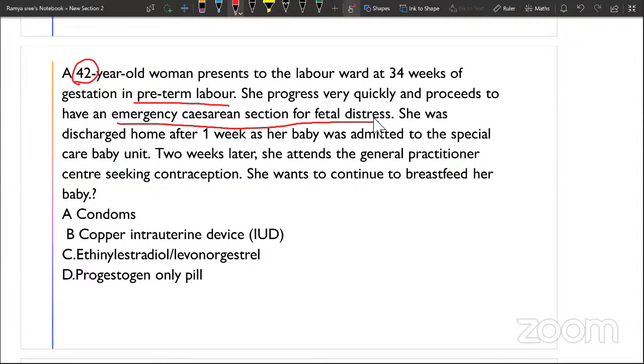So she was progressing quickly, but the baby couldn't tolerate it and they had to go for emergency cesarean section. She was discharged home after 1 week as the baby was admitted to the special care baby unit because of prematurity. 2 weeks later, she comes back to her general practitioner asking for contraception. She wants to continue to breastfeed her baby. So what is the contraception which you will advise her?